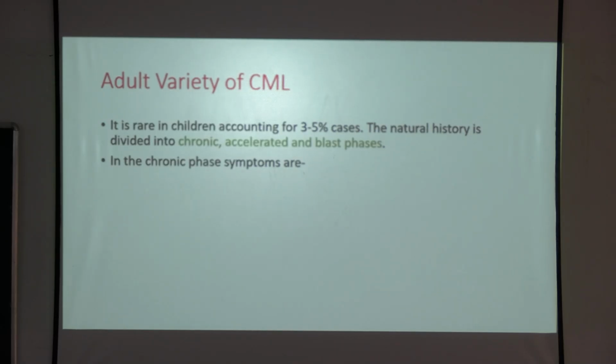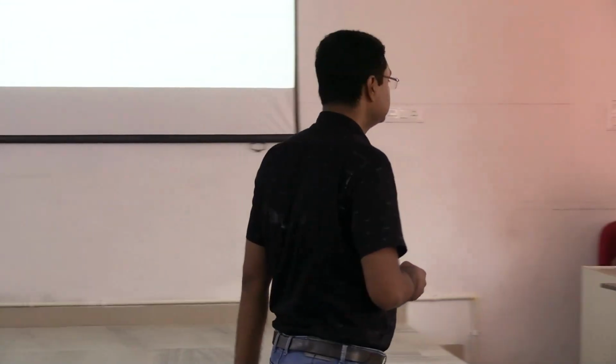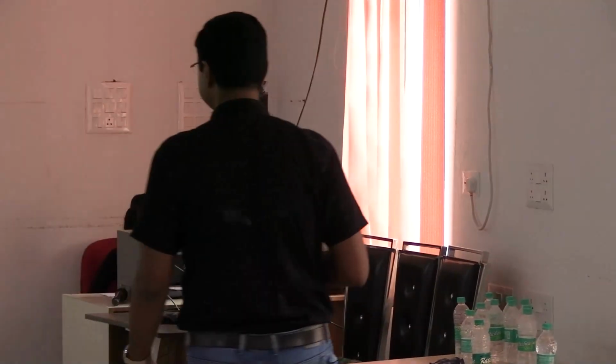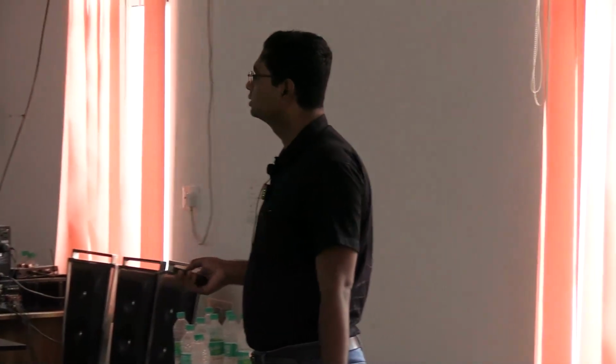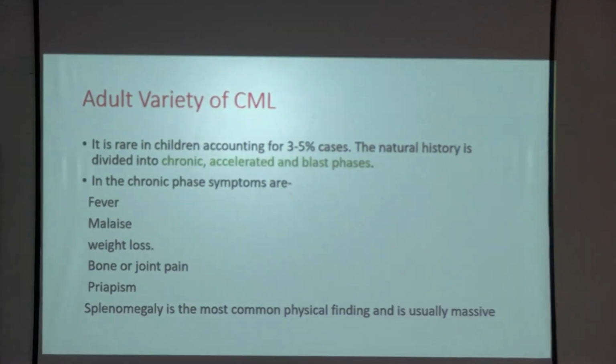In the chronic phase, symptoms are very vague and can mimic various other diseases. Symptoms include fever, malaise, weight loss, bone pain or joint pain, and priapism. Most importantly, splenomegaly is the most common physical finding.